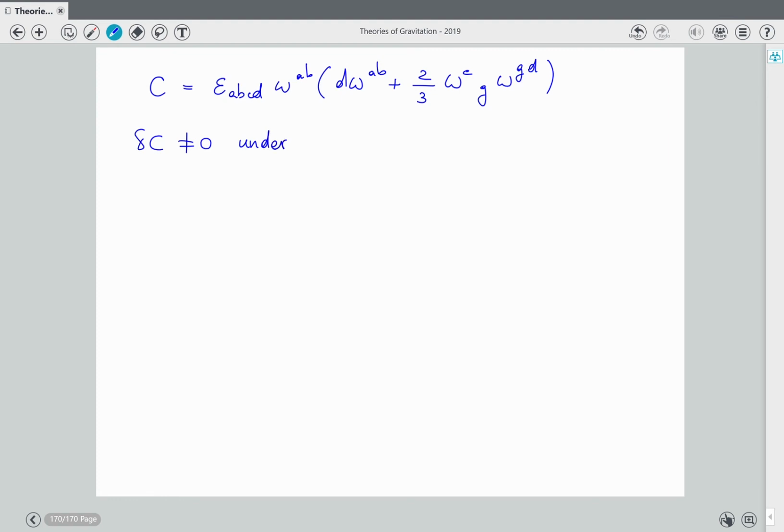And if you want, you can work out the variation under local Lorentz transformations, which I recall imply that delta omega is equal to minus the covariant derivative of those parameters theta^AB that we introduced for the local Lorentz transformation.